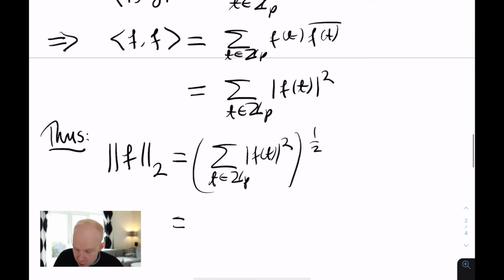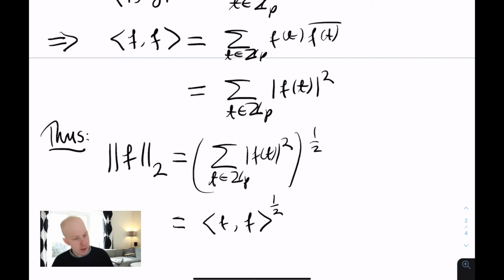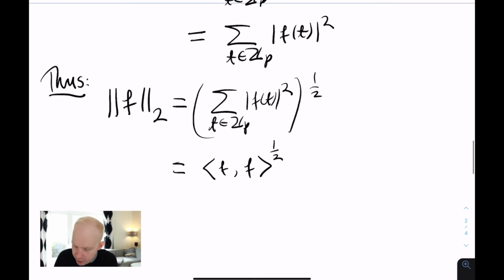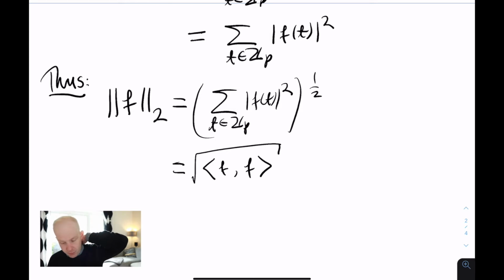And by this notion, it's just equal to the inner product of f with itself, to the power half. So basically you have this formula that the square root of this inner product with itself gives you the L2 norm. And vice versa, if you raise to the power 2, then you get that notion. So this is kind of important.